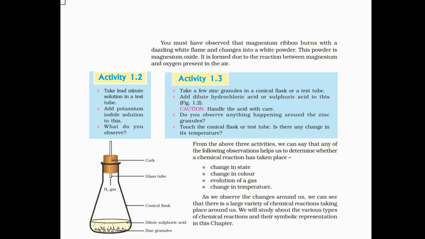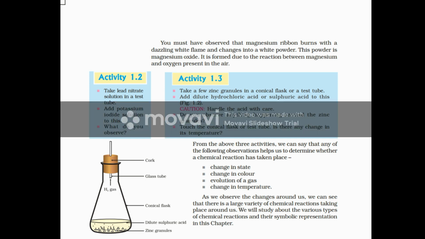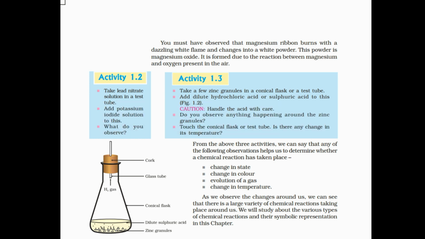In this activity, you learn about the evolution of gas, that is, liberation of hydrogen gas, and the change in temperature. With these activities, you have learned four characteristics of a chemical reaction: change in state, change in color, evolution of gas, and change in temperature.